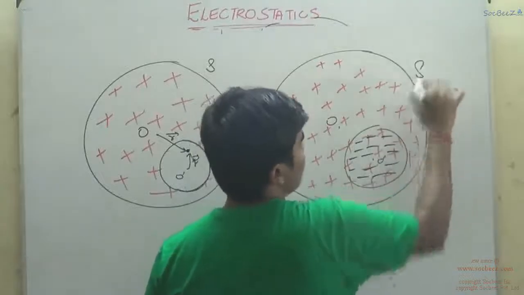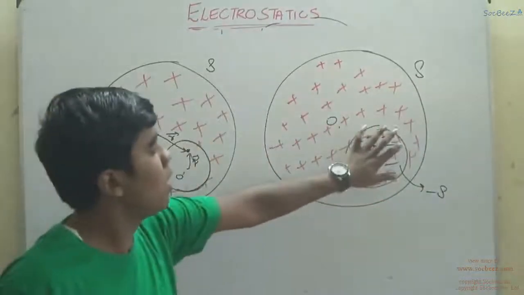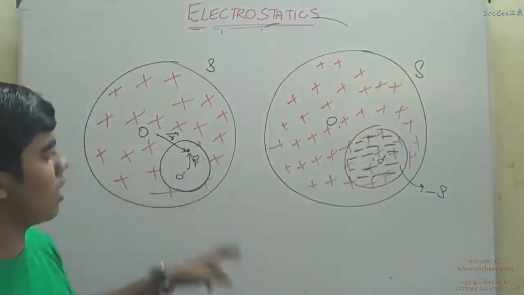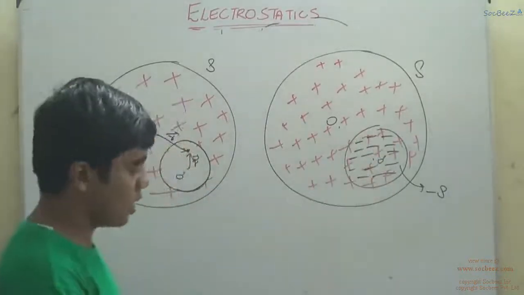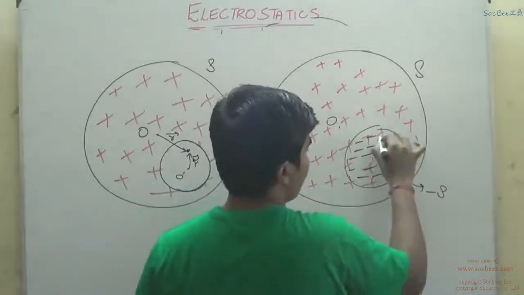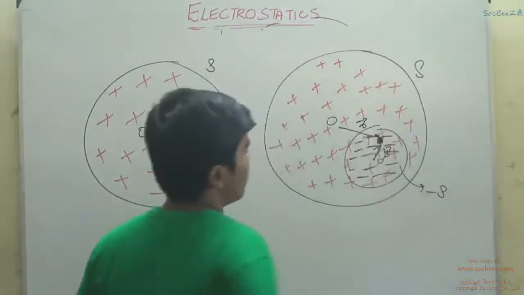If the volume charge density here is rho, then the volume charge density here should be minus rho. Thus by superposition, the charge here becomes neutral and there is no net charge present inside this particular area. Now we want to find out the electric field at this point, which has y vector from here and r vector from here.